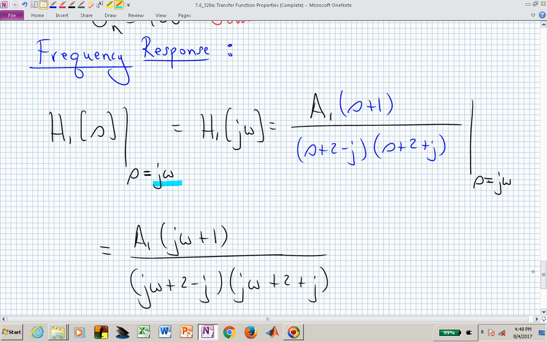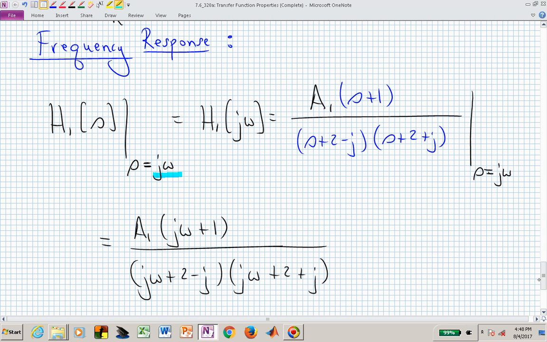Here, if we factor the denominator quadratic into its complex factors, we now have a pole at minus 2 plus j and a pole at minus 2 minus j. We replace s with j omega, and now we want to find the complex number associated with H1(j omega) for a particular omega.